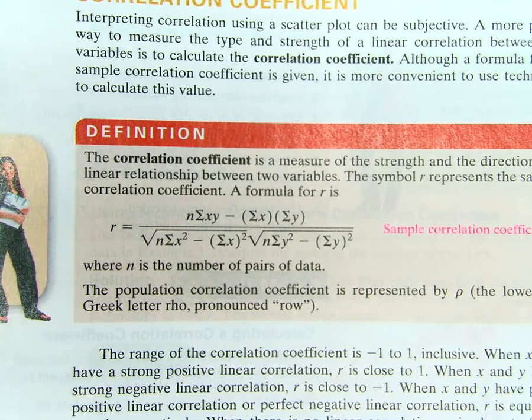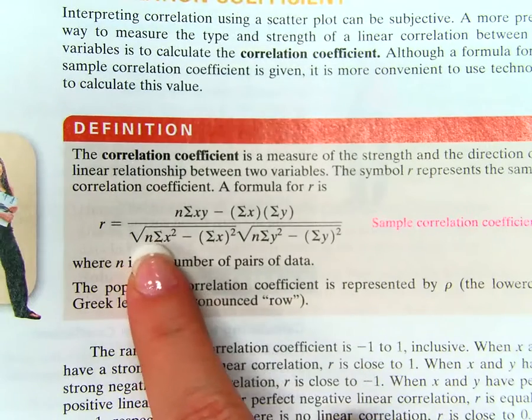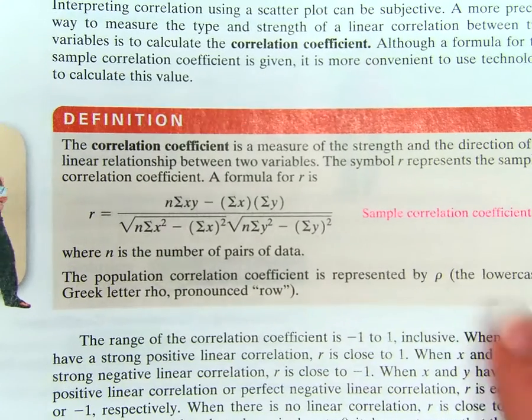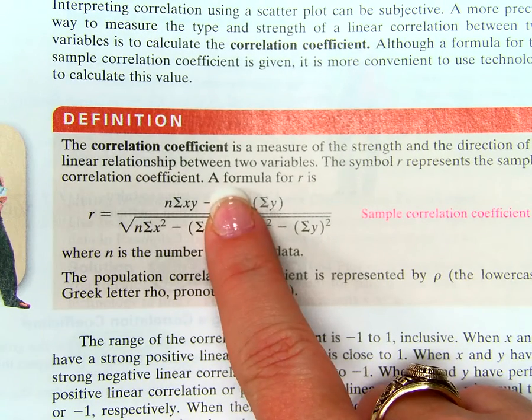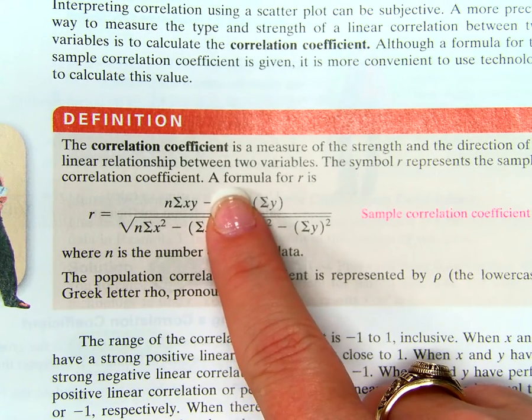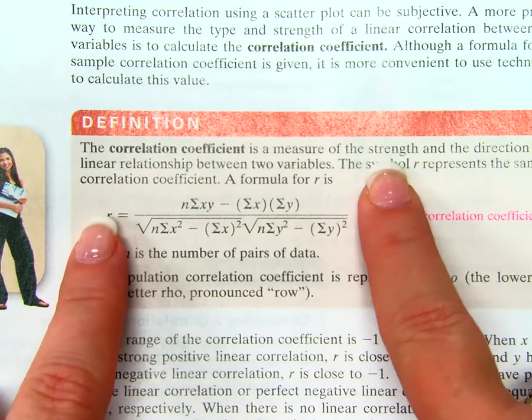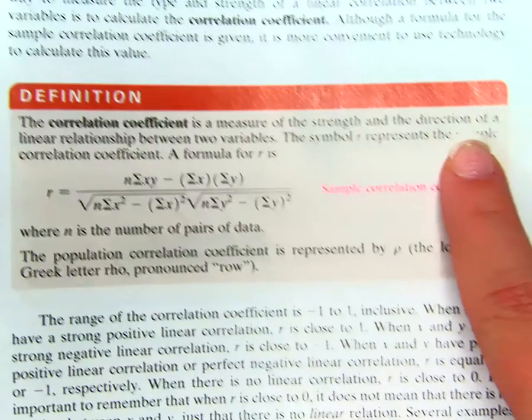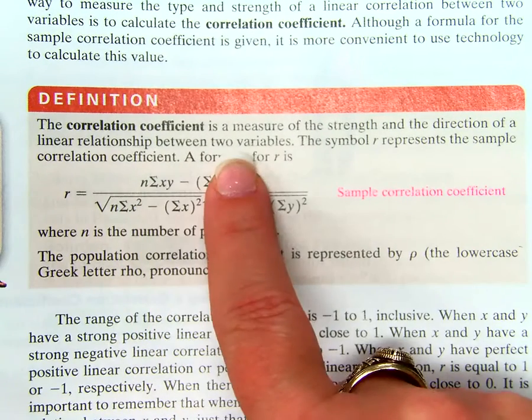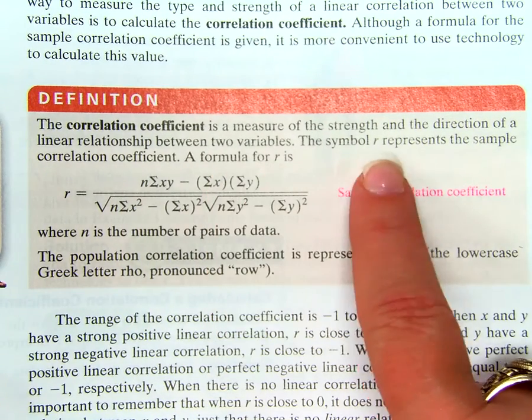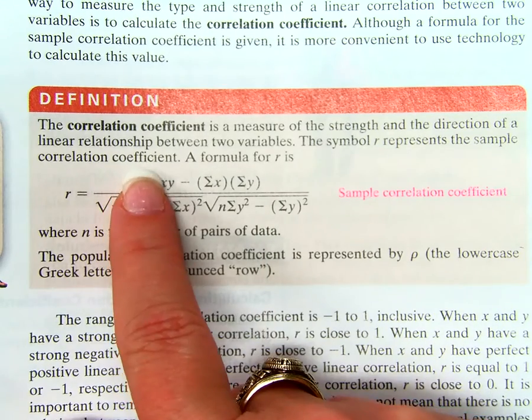Okay? What I need you to be very clear about, though, is the correlation coefficient, which I've really been unable to say today, so if I mess it up later on, just please forgive me. Okay? It measures the strength and the direction of a linear relationship between two variables. The symbol R represents the sample correlation coefficient.